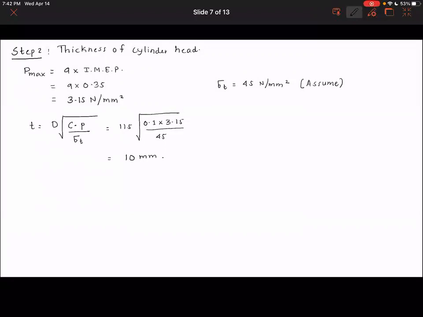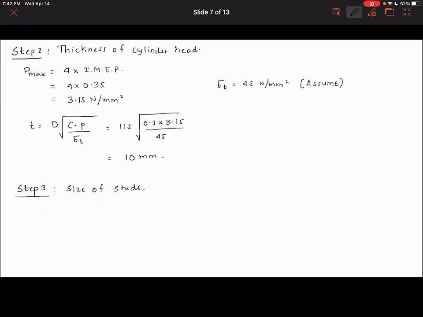Step 3 is we have to find out the size of the studs or the size of the bolts. So we are going to use the equation.